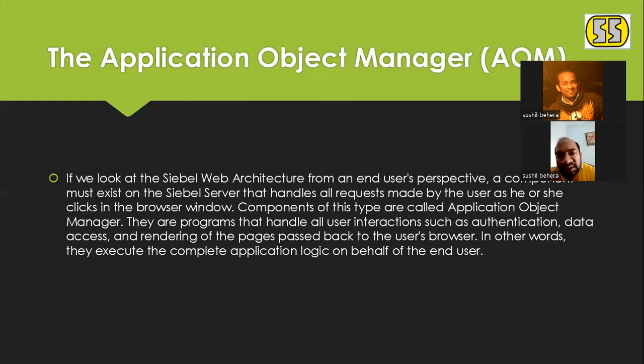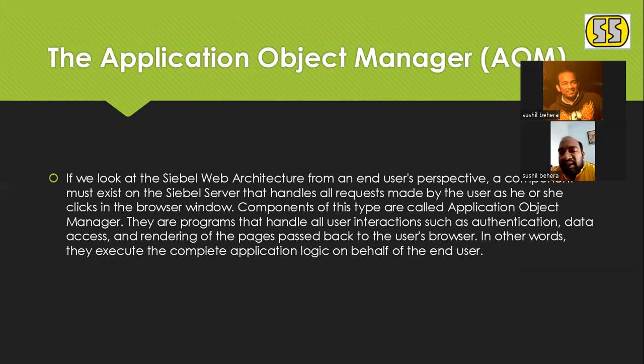Now, the application object manager will understand that this request is coming from the login page and a username and password are coming. There are a lot of ways to validate whether this username and password are correct. First of all, the application object manager will validate whether the login name and password entered by the user are correct.